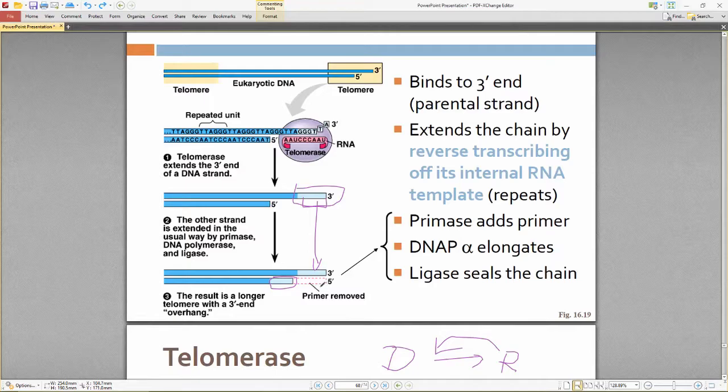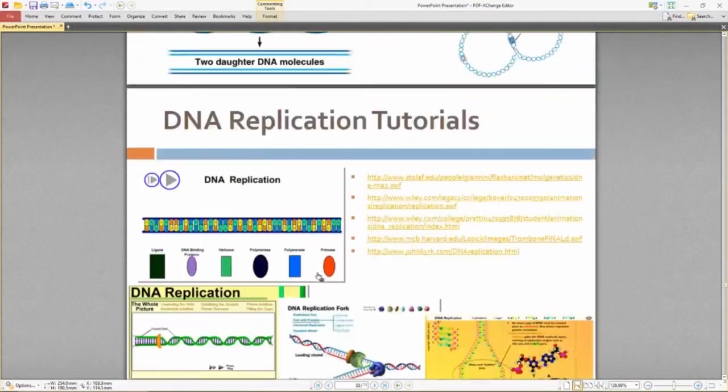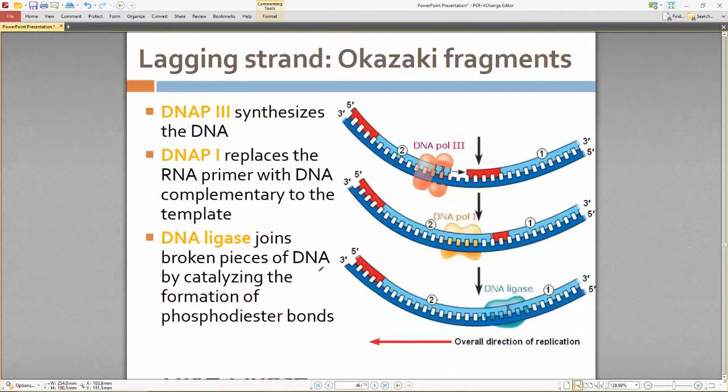Would it start from the left side of the rectangle because that's the 3' end? So the 3' end is here, but there is a 3' end. Let's take a look. I understand your question, and that doesn't really answer it.